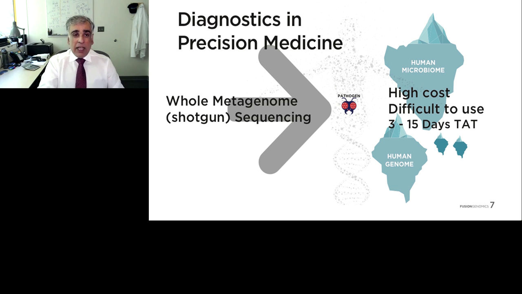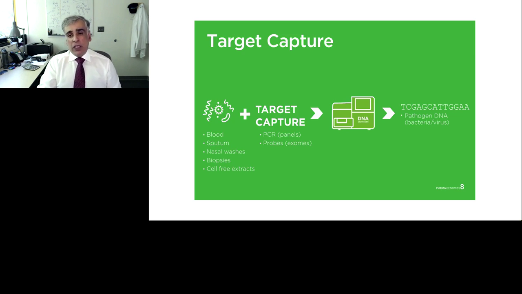Here we talk about a variation in molecular biology known as target capture. In target capture, you start with the same biological sample, but then you want to enrich the things you're looking for. A PCR or PCR panels are actually an example of target capture, because you go in and amplify what you're specifically interested in.